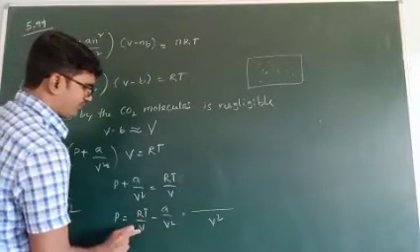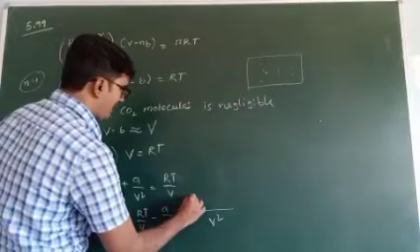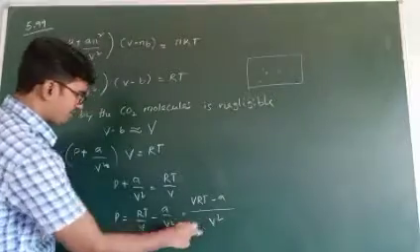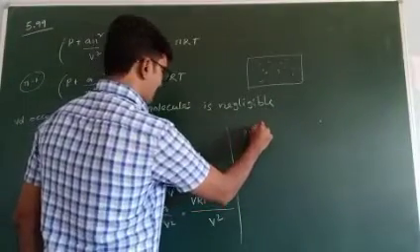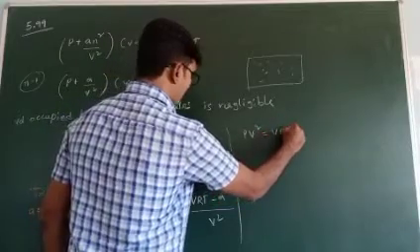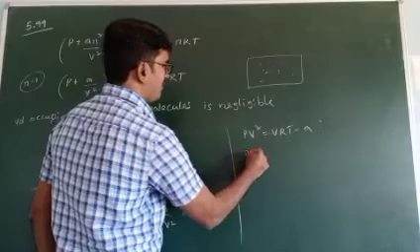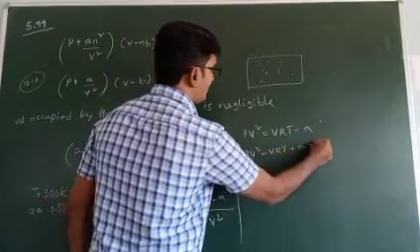So for this one, V divided by V square, V is present. So V into RT, V RT minus a. This one moves to this side, then we get PV square is equal to V RT minus a. These two terms move to this side: PV square minus V RT plus a equal to 0.